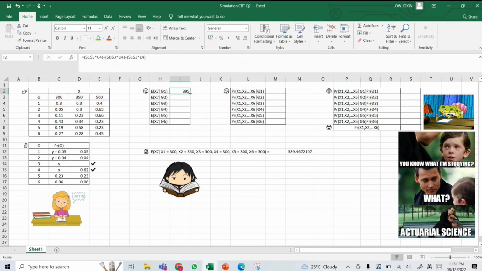And we drag down to get the value for the others. So this is the expected value of x given each theta.